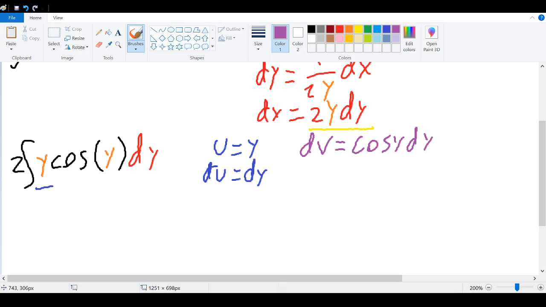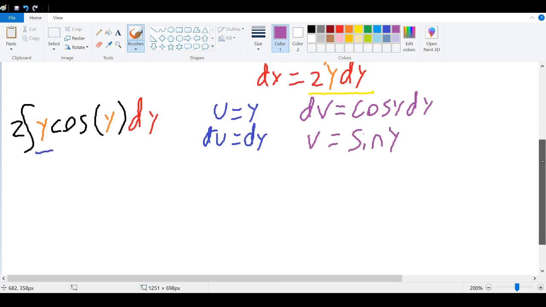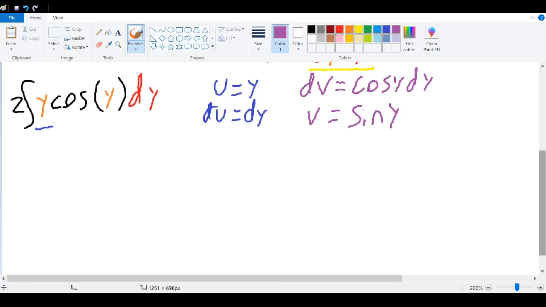And that's okay because we know how to integrate cosine y. All right. And so now v is equal to sine y. And now let's just plug everything in.